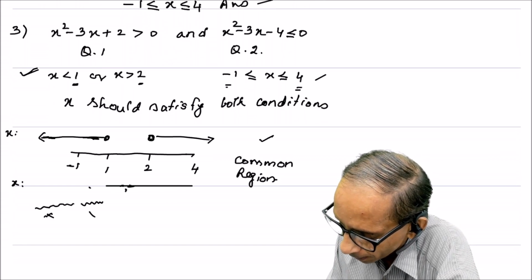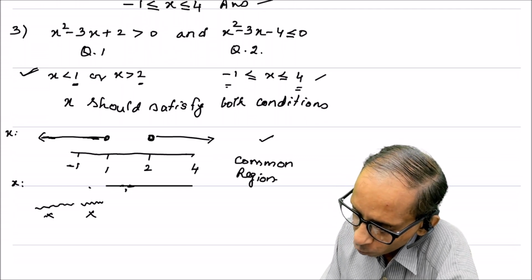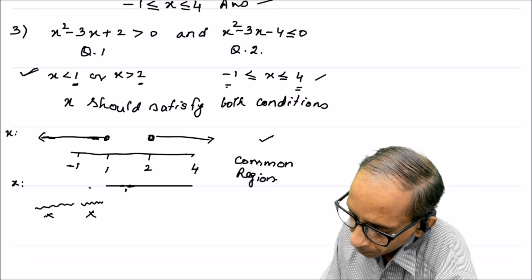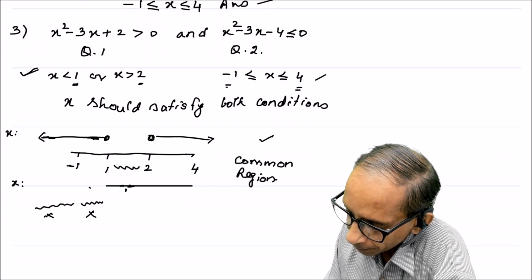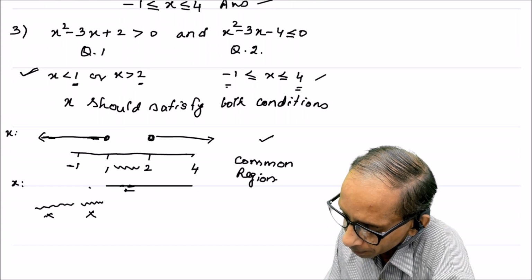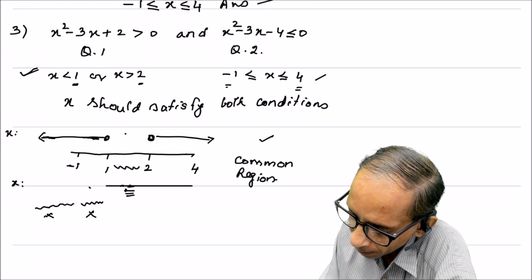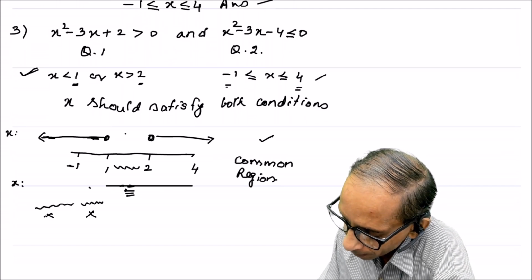So this again is rejected. Consider the portion 1 to 2, that is this region. This one is available, this portion is available, but nothing is available here. So again, rejected. No region is common to both.